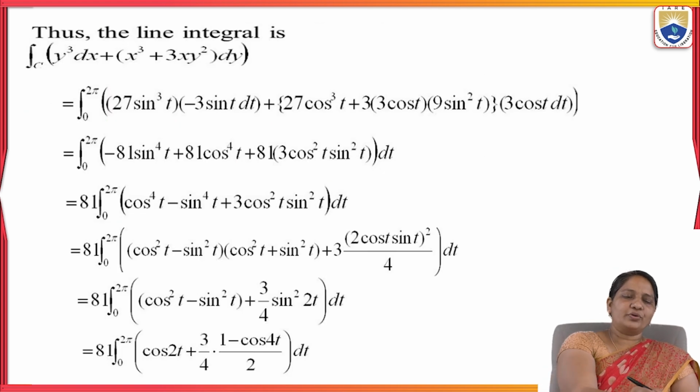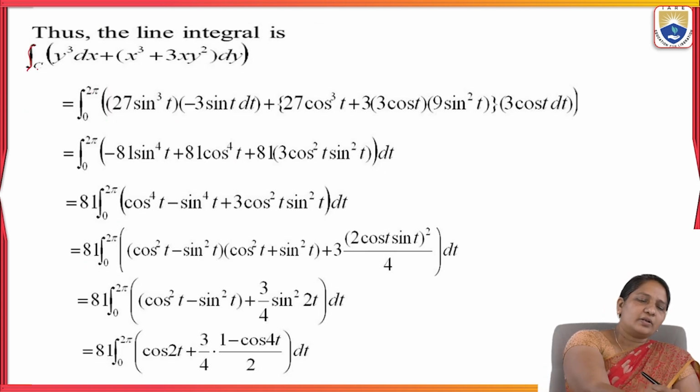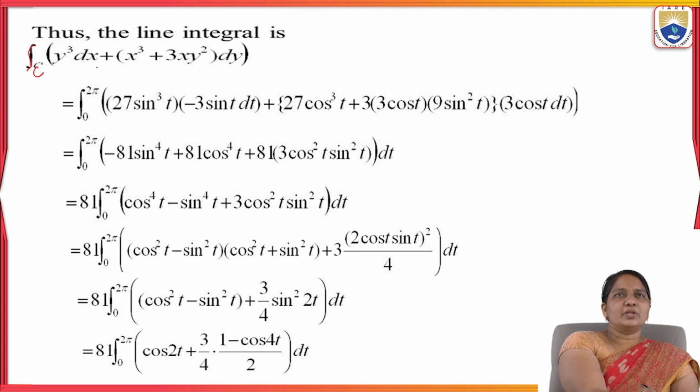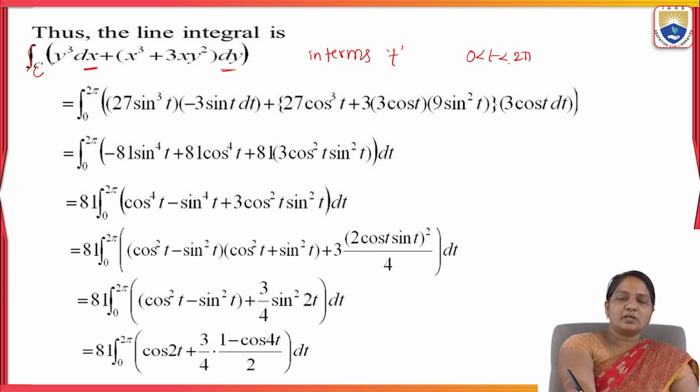Now I am going to calculate the integral over C of y cube dx plus x cube plus 3xy square dy. Now I am converting all these values in terms of t, and the given t limits are 0 less than or equal to t less than or equal to 2 pi. So that's why we are taking the integral from 0 to 2 pi. What is y cube?